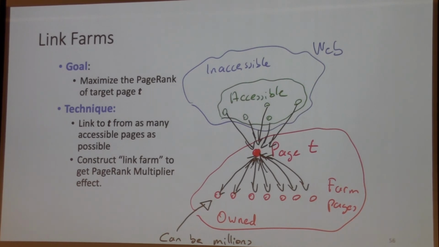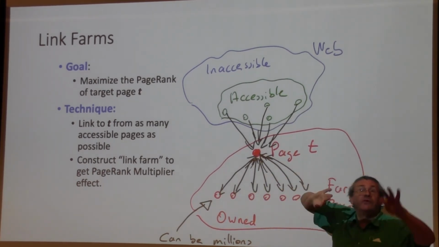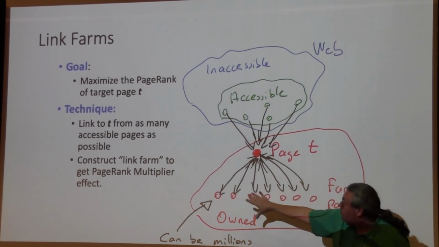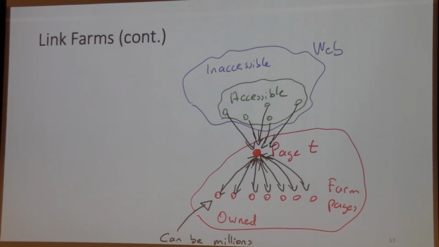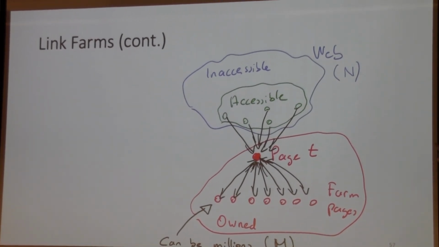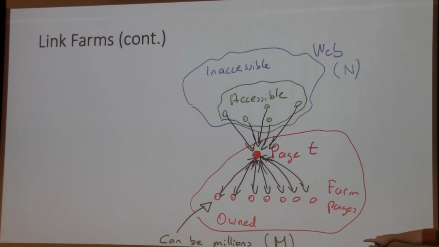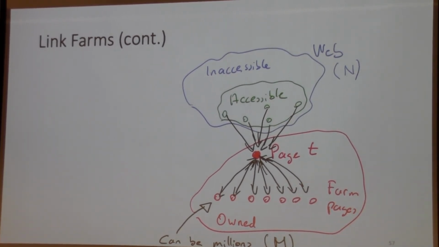Of course, there can be millions of these, and they can be shared between different pages T. The search engine optimizer will have many, many of these, okay? So now how does it work? This actually works. Let me explain how it works. Assume you have n web pages, the blue n, and you have m farm pages.